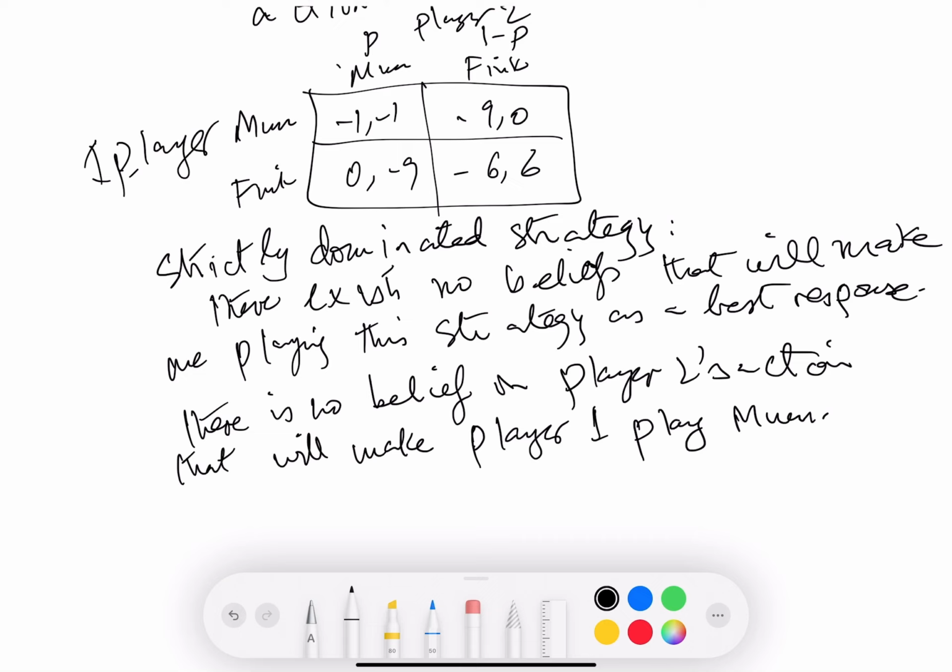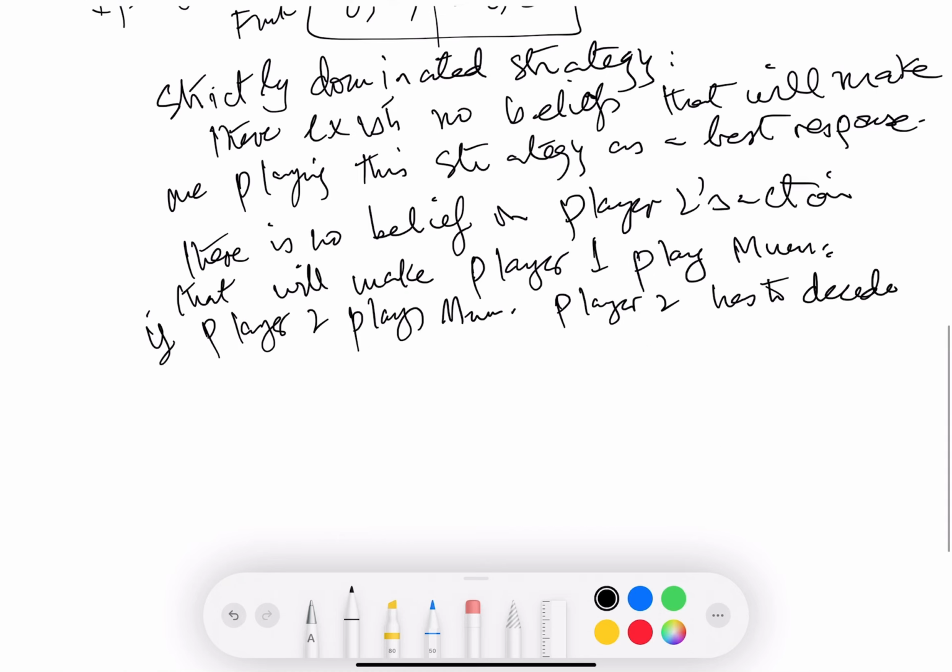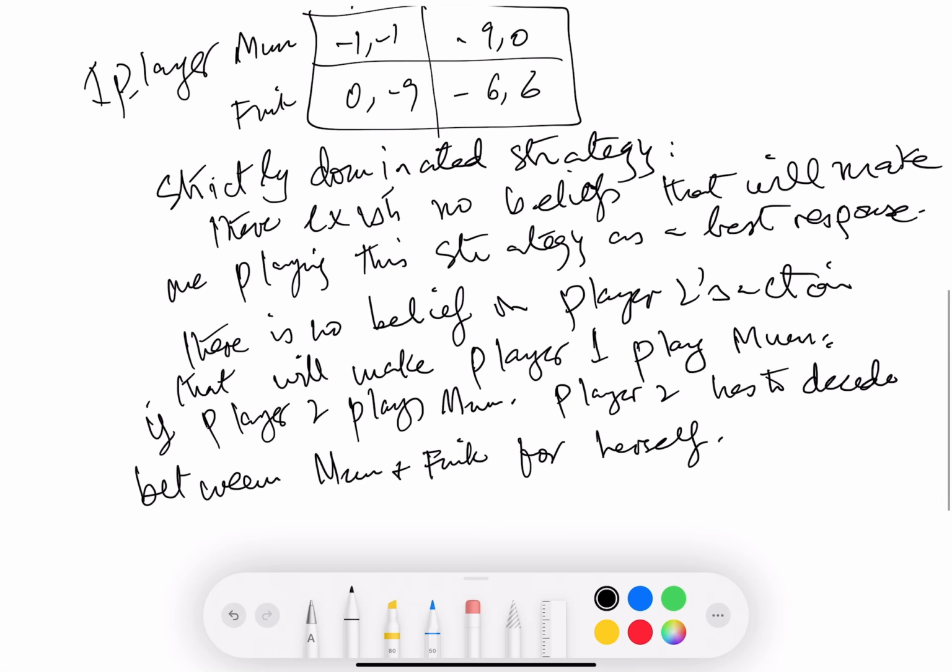Okay, so let's take a look at that. Let's say that player 2 plays mum. So if player 2 plays mum, then we are in this world. What are player 1's choices? If player 2 plays mum, player 2 has to decide between mum and Fink for herself. What is she going to do? Well, we know, right? Fink dominates mum.